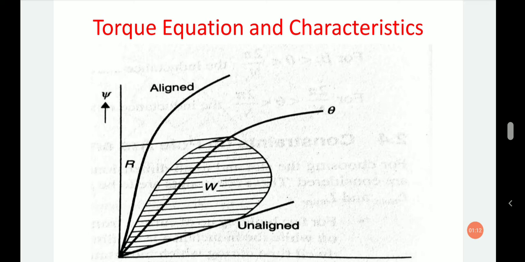The magnetization of the excited pole will magnetically polarize the closest rotor tooth and produce a force of attraction. The tangential component of this force produces an electromagnetic torque in the direction which reduces the air gap length between the stator pole and the rotor tooth.